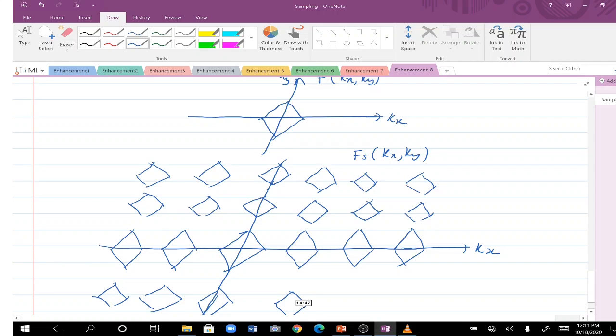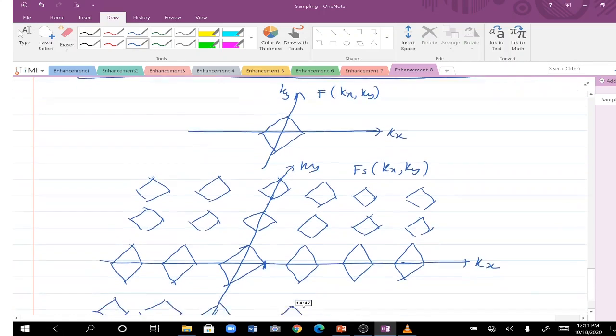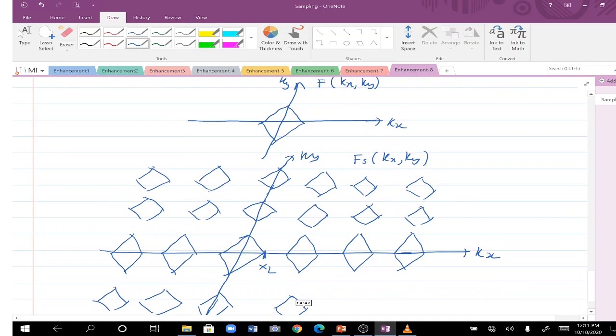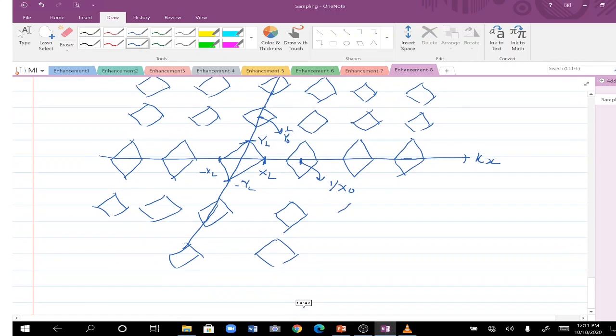Okay, this is your ky, and now let's say you have here xl, and here let's call it yl. This is minus xl, and this is minus yl. This copy here got placed at 1 by x naught, and here this copy is placed at 1 by y naught, and then there is a periodic nature to that.